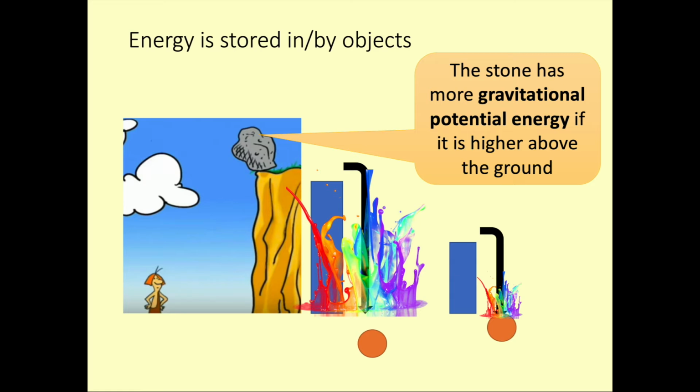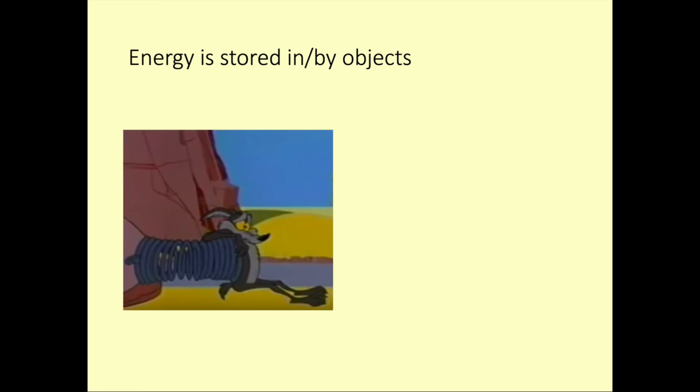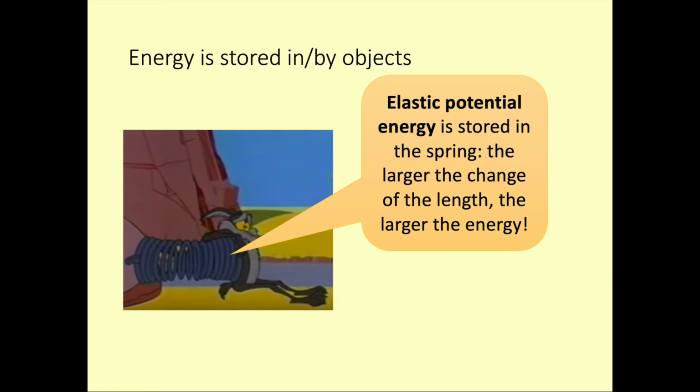Our next one is our example of our elastic potential energy, which we said before when we looked at that animation, that it can be stored in objects such as a spring. A bouncy ball is also an example, but it's also stored when we stretch things, so things like elastic bands. That's where that name comes from.